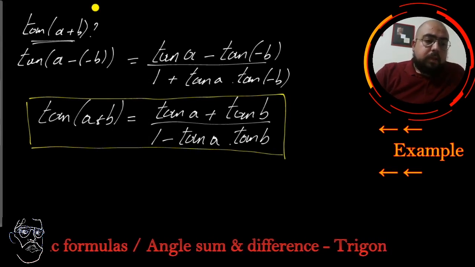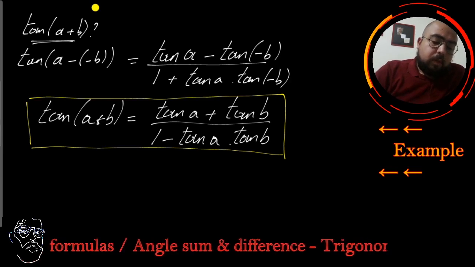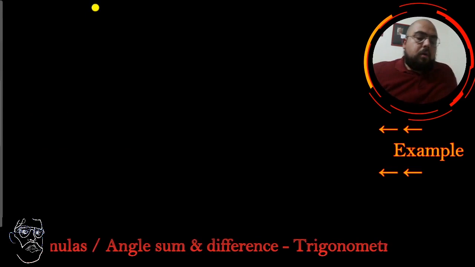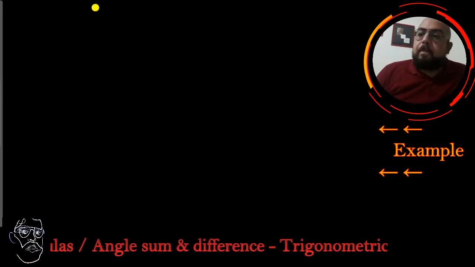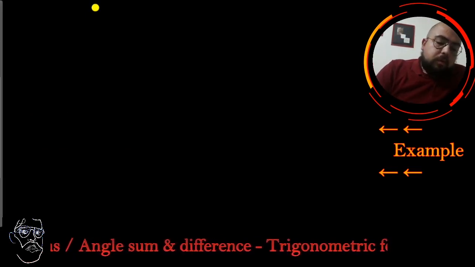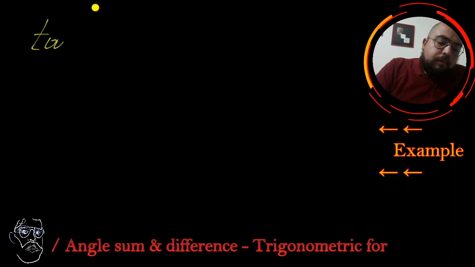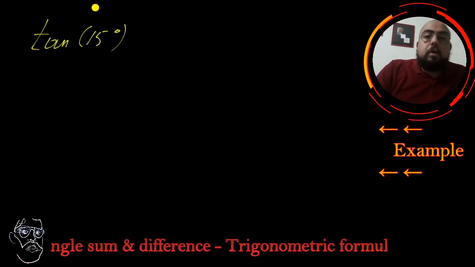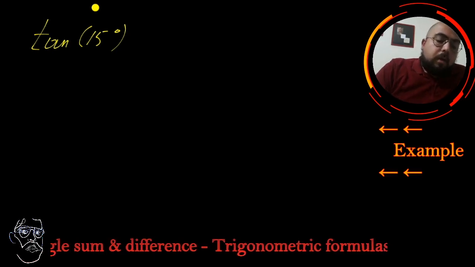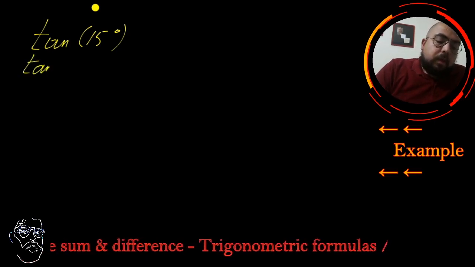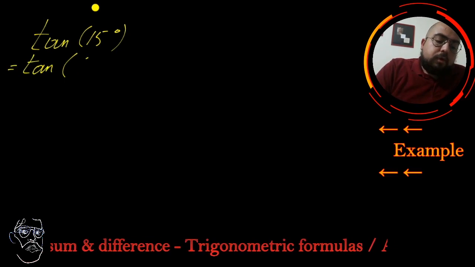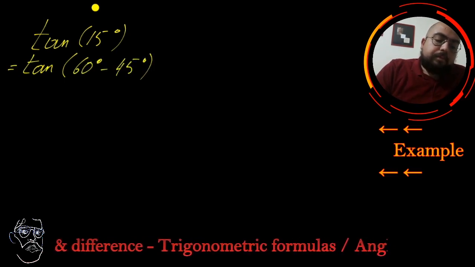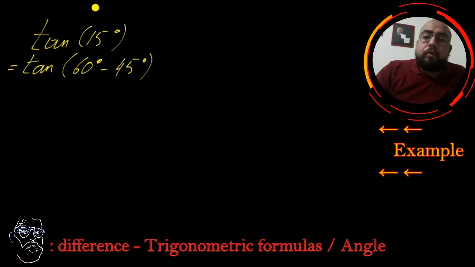Now I'm going to take an example. What about tangent of 15 degrees? 15 degrees is not a particular angle, but I know that it's equal to tangent of 60 degrees minus 45 degrees. I will use the formula.